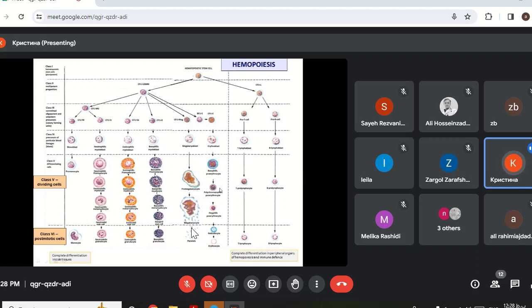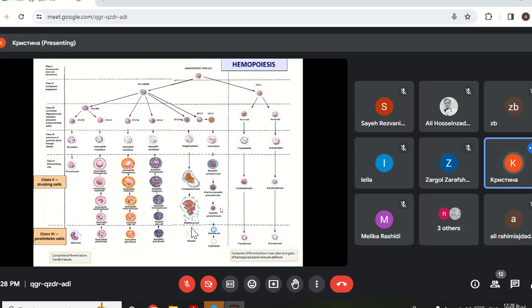polyribosomes start to produce hemoglobin, which is eosinophilic, and eosinophilic plus basophilic color makes a violet purple color and gives the name polychromatophilic proerythrocyte. Then next stage, all the needed hemoglobin is now synthesized, and polyribosomes are not needed anymore, and they are degenerating.